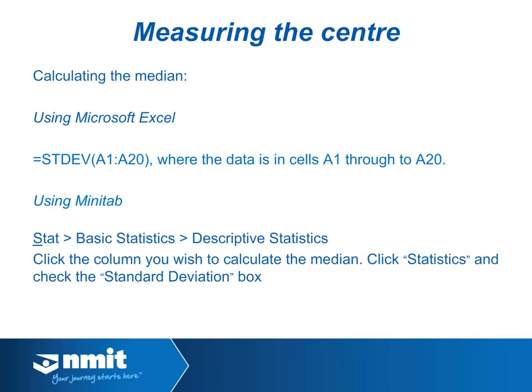In Minitab we use a very similar method that we'd use for the mean and the median. Stat menu, click basic statistics, then select descriptive statistics, click on the column you want to calculate the standard deviation for, click statistics and check the standard deviation box.